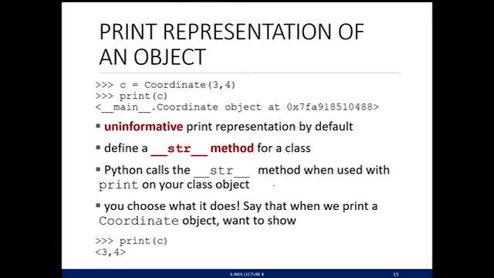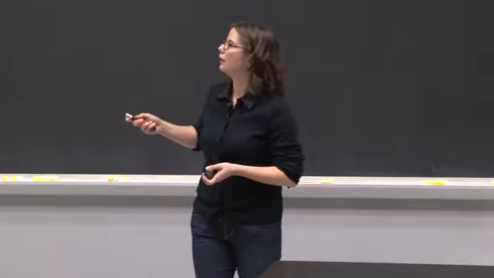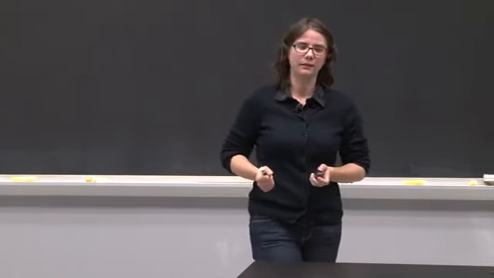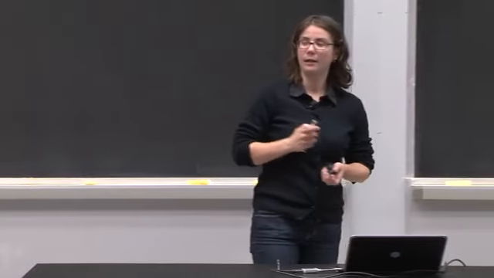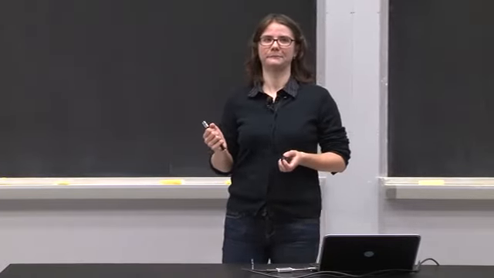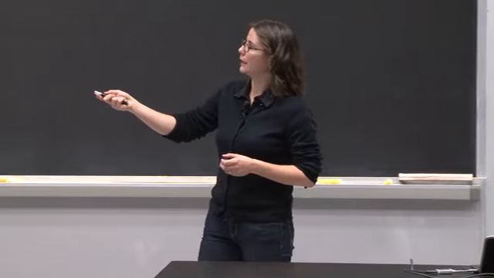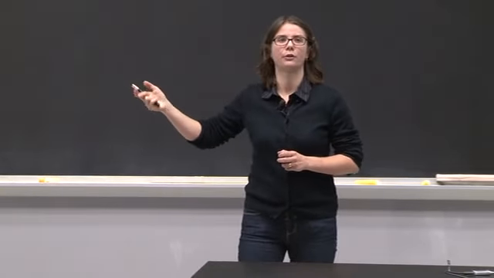That would be a lot more informative. So by default, when you create your own type and you print an object of that type, Python tells you this sort of information, which is not what you want. So what you need to do is define your own method that tells Python what to do when you call print on an object of this type. This is going to be a special method, just like init is, because it starts and ends with double underscores. The name of the method is underscore underscore str underscore underscore.